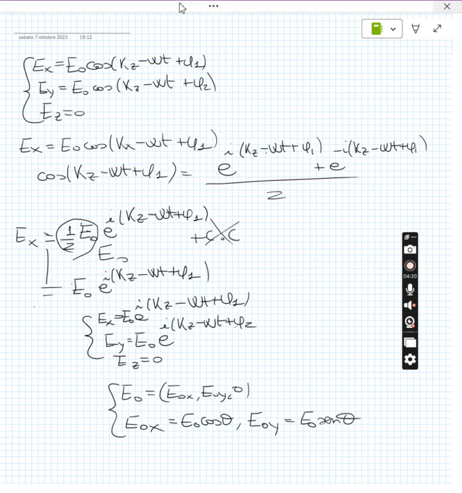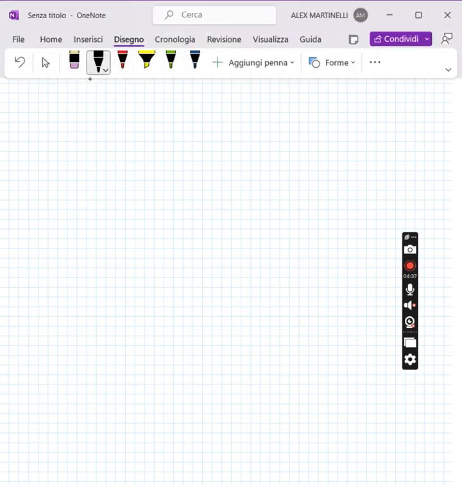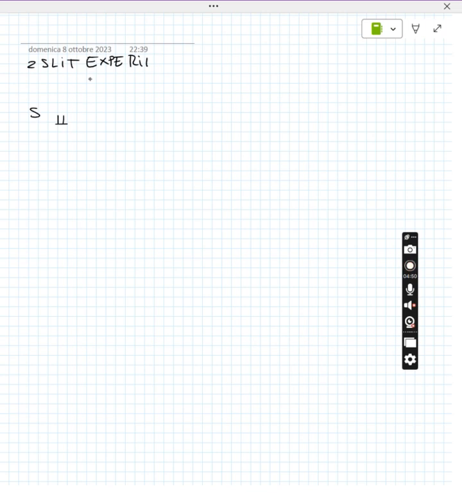So now we will go further and consider the double slit experiment. I will take some time to draw. We have a source of light, a generic source of light.